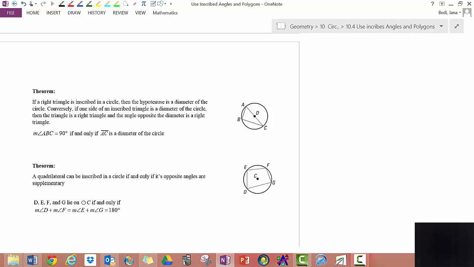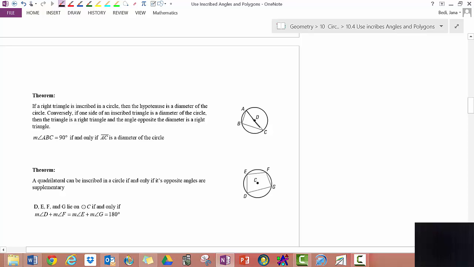Next, let's look at this diagram. We have a diameter. So if that is the diameter, then that blue arc is a semicircle.